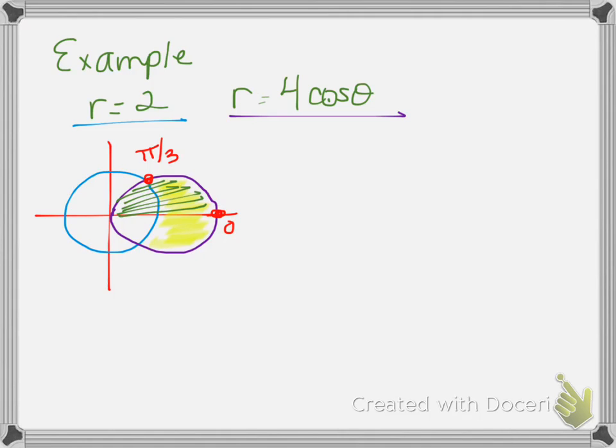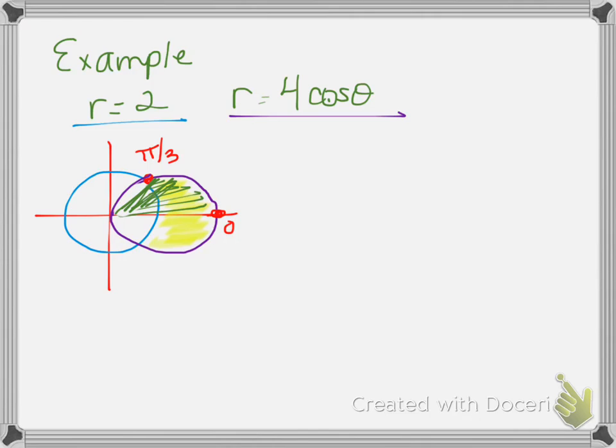So it's like you're starting at 0, 0 and going out to it and then going up. So it's finding that whole purple part, really, until I get to right there. So that little part is kind of cut off, okay?